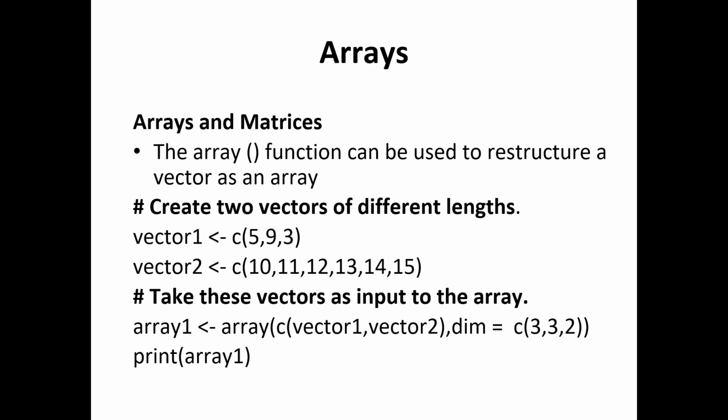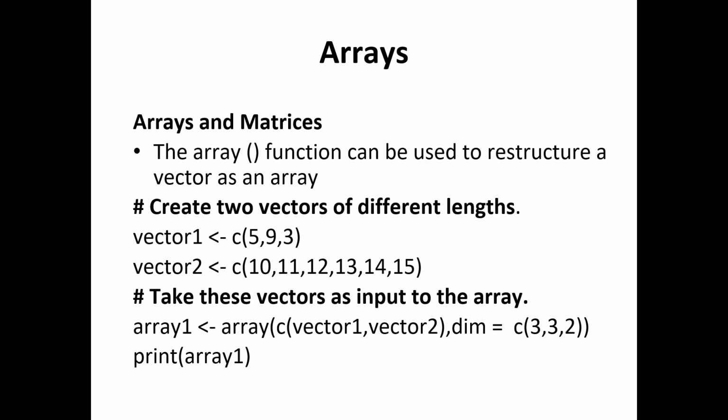Arrays and matrices. So here I am creating two vectors, and from the two vectors I am creating the array. Vector 1 and vector 2 first. So vector1 <- c of 5, 9, 3, which means vector 1 will have the elements 5, 9, 3, and next I am creating vector 2, which consists of 6 elements: c of 10, 11, 12, 13, 14, 15.